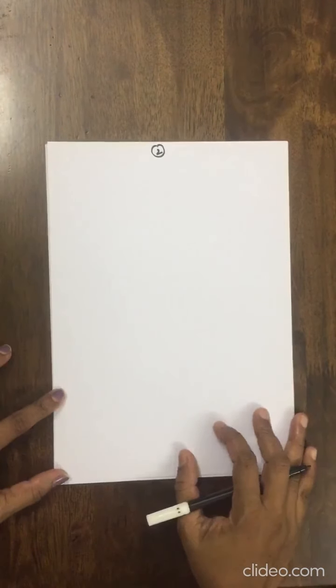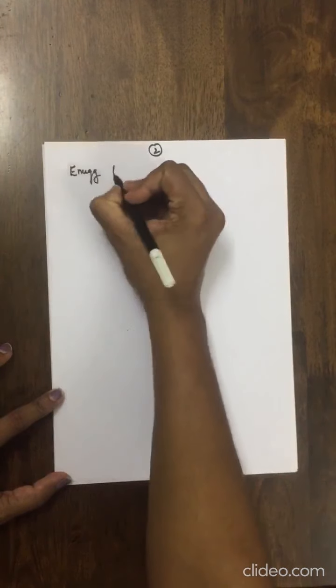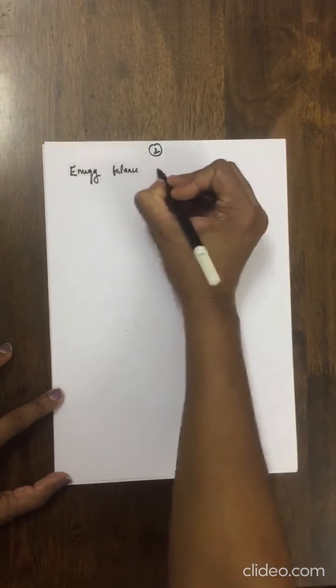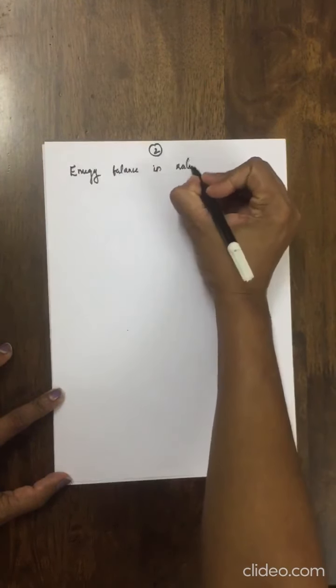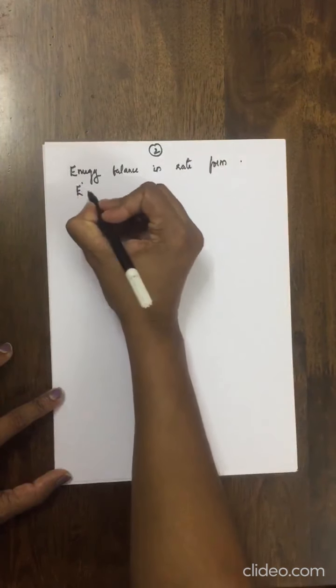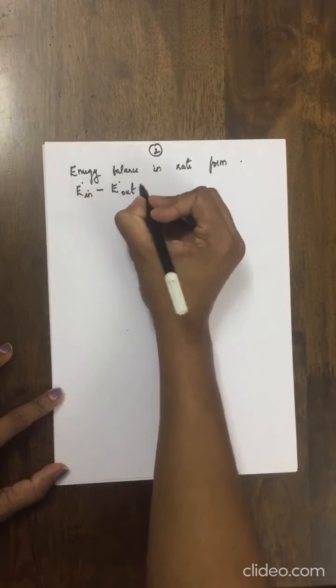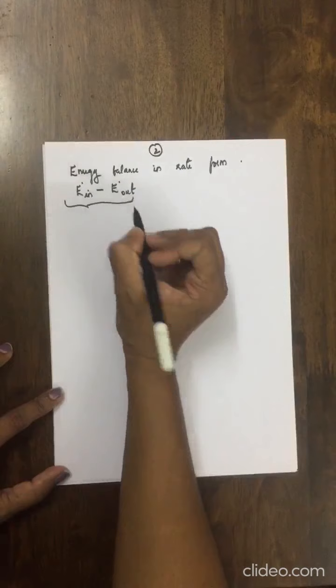So how to express energy balance in rate form? We can write it as E dot in minus E dot out. What is E dot in minus E dot out?